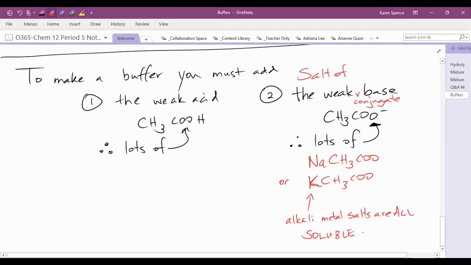Okay, so anytime you're making a buffer, you have to have a weak acid, you have to have the salt of the conjugate base. The only exception to that is when you have a weak base and the salt of its conjugate acid.